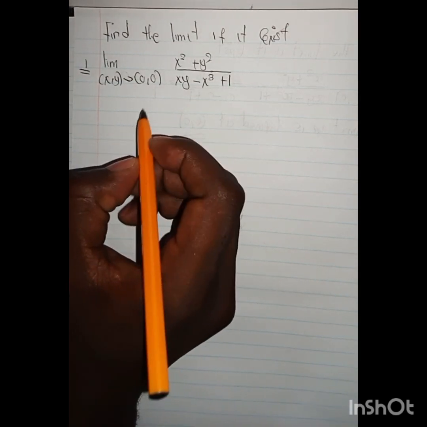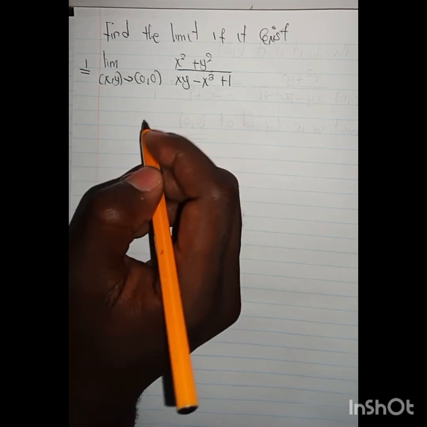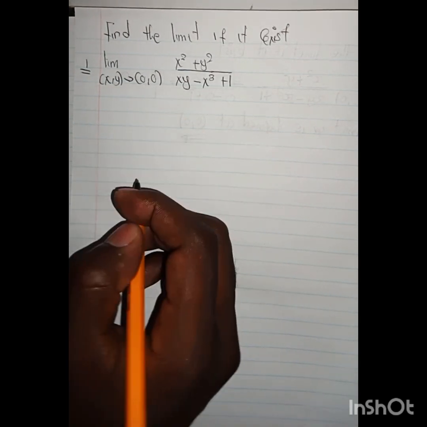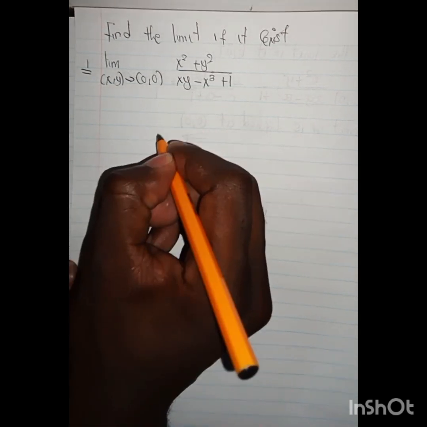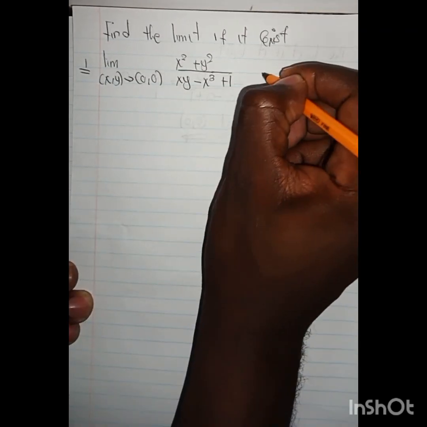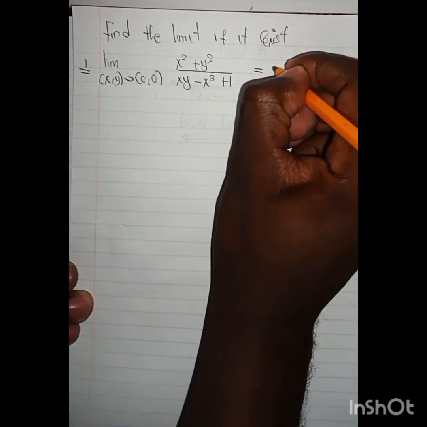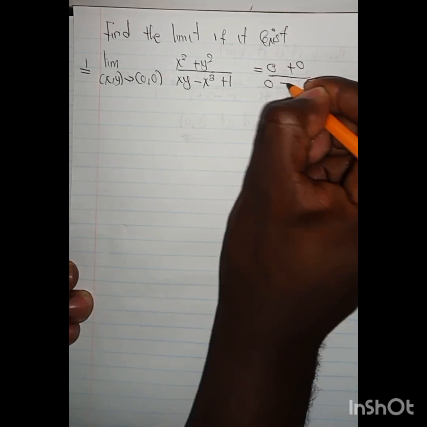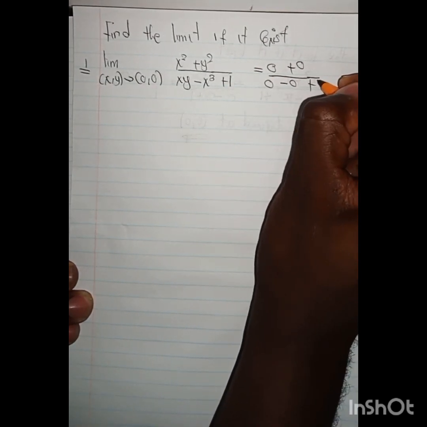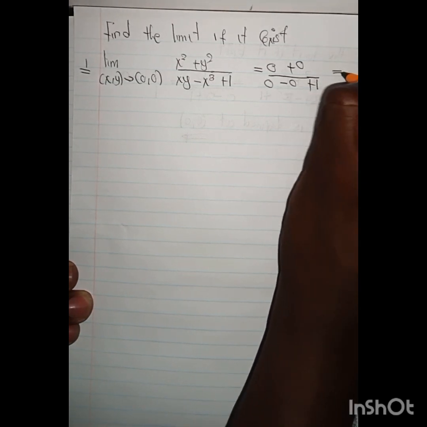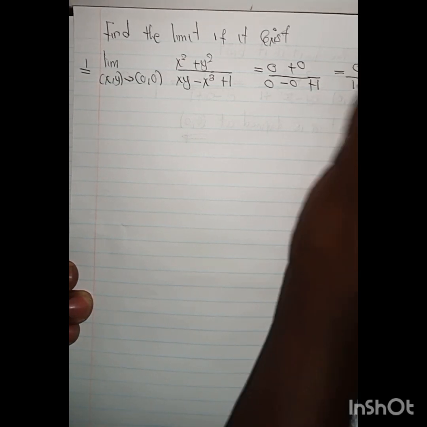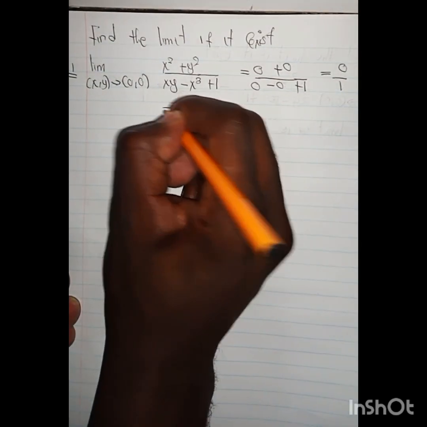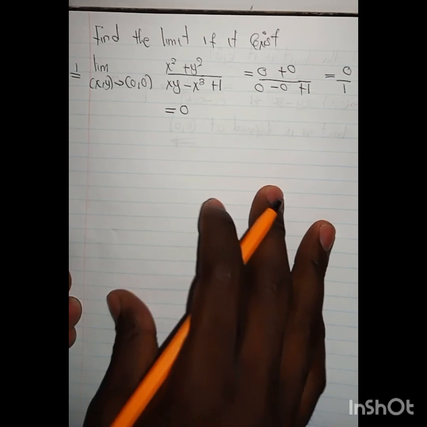So when we check, the limit is situated at the origin, 0 and 0. Therefore, when I substitute 0 where there is x and y, I will get 0 plus 0, all this over 0 minus 0 plus 1, which gives me 0 over 1. And 0 over 1 is just 0.